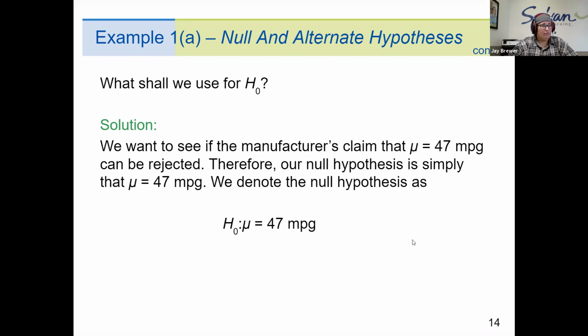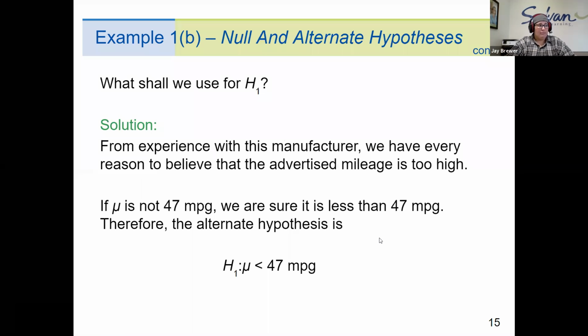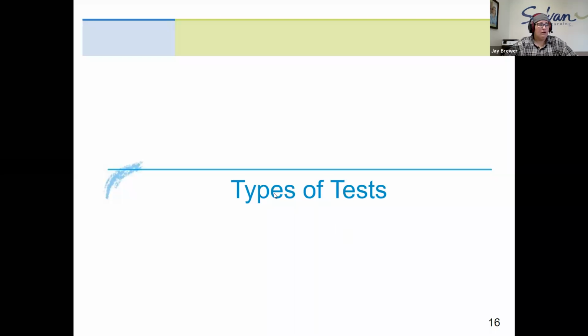So here we assume that they're correct, and here we're going to assume that we are less. Because you feel so strongly about that, you would almost want your data to say that you want to reject the null and accept the alternative.